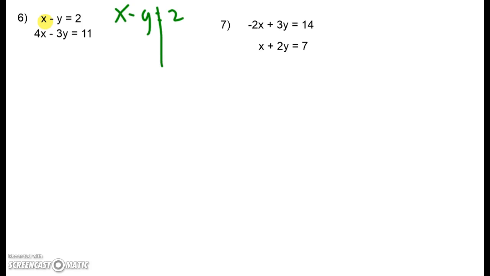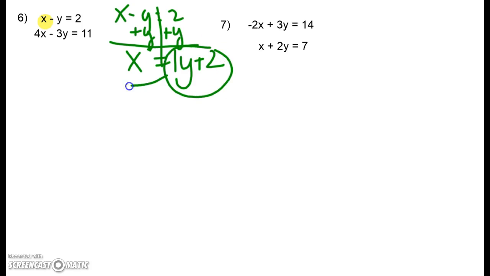Can't divide it. You just look in front of it, it's a minus, so you add y to both sides. So my new equation is x equals 1y plus 2. So I'm going to take this whole thing right here and plug it right there.